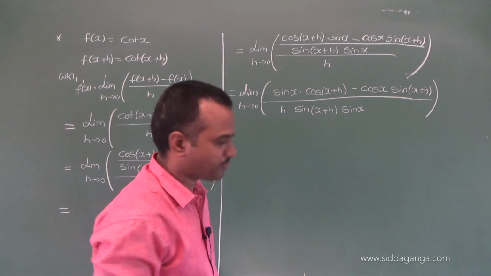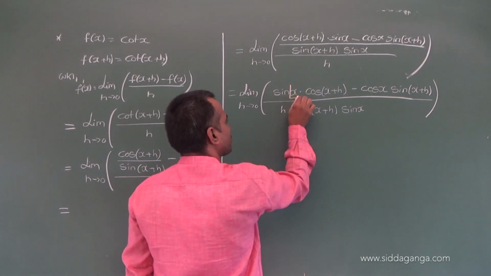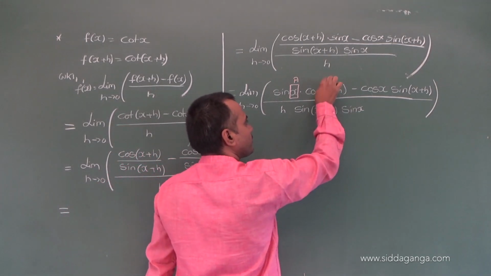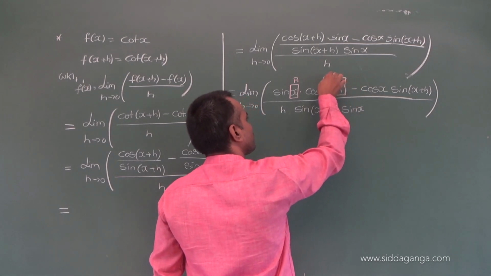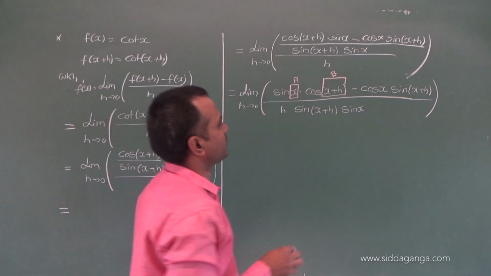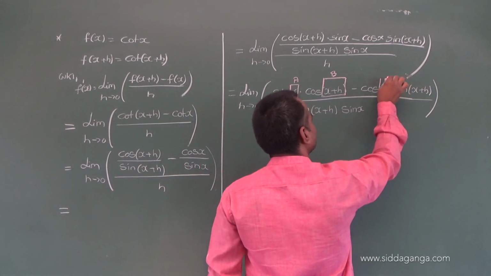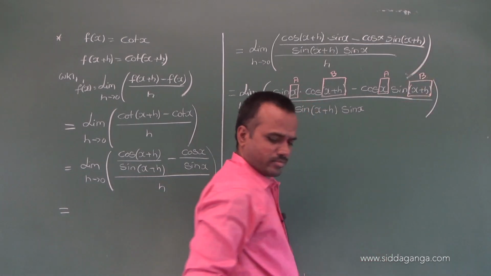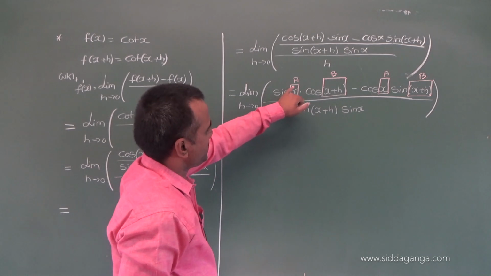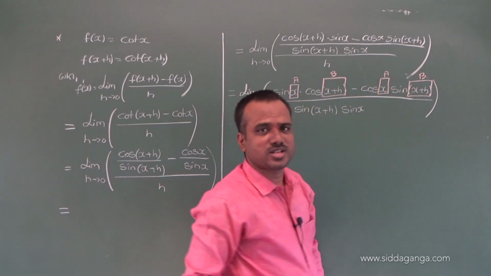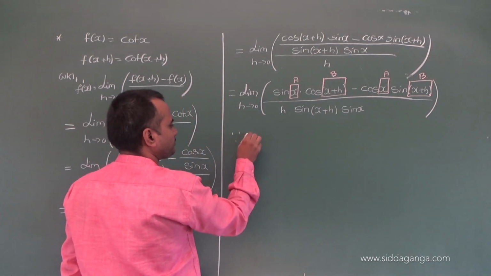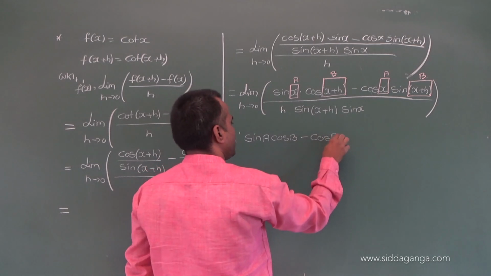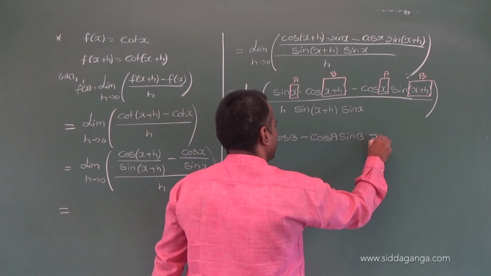Observe this one. This is A. Correct? A. B. Here also A, B. Sin A cos B minus cos A sin B. We know that sin A cos B minus cos A sin B is equal to what?